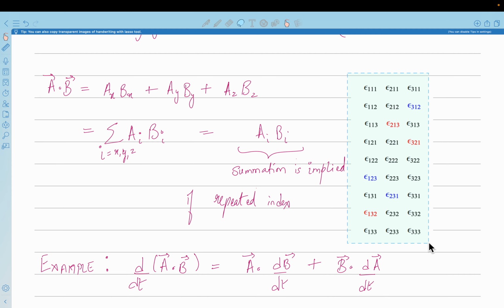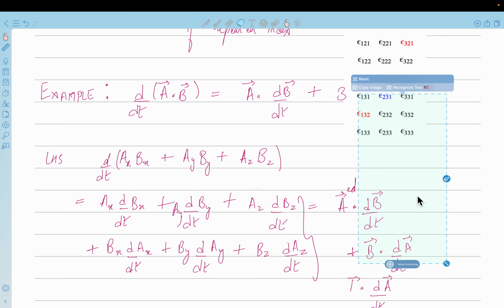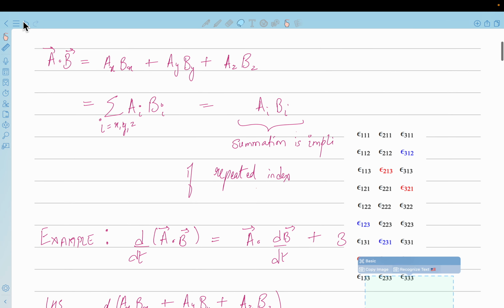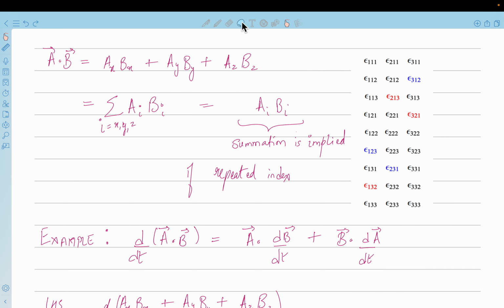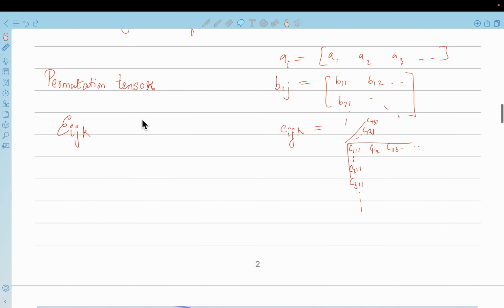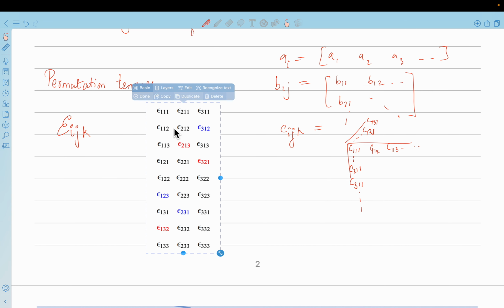So let me shift this. So you can see I've just listed down the different types of entries.